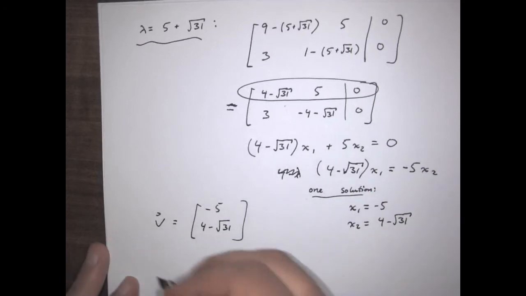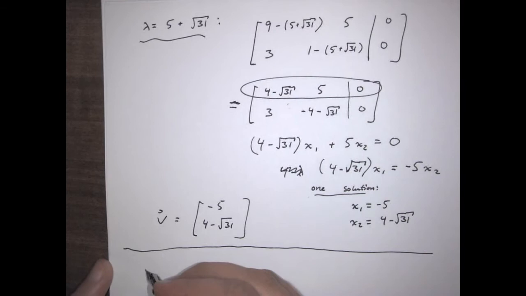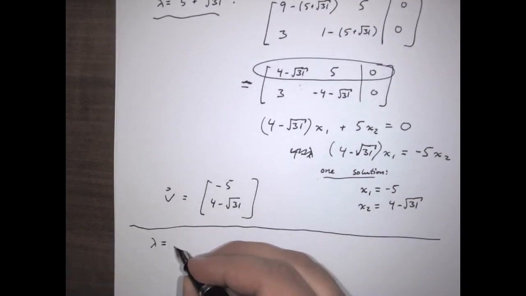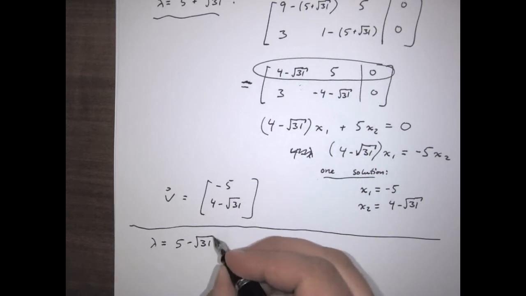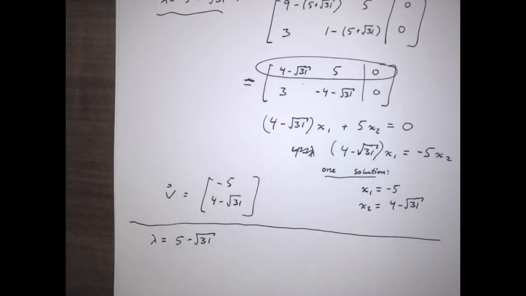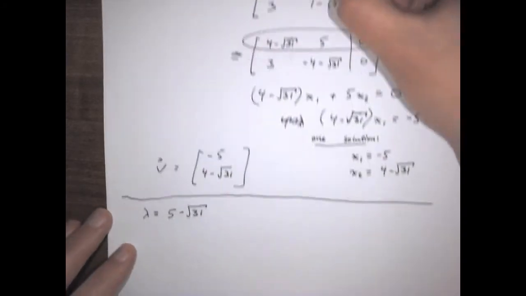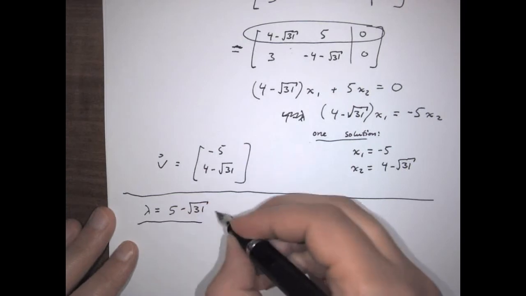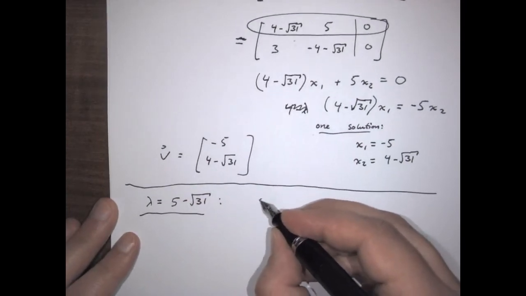Now, think about what will be the same and what will be different if we were to go with lambda equals 5 minus root 31. Everything will be very similar except every root 31 will be opposite. So this is going to be the exact conjugate of the previous ones. This will be conjugate.